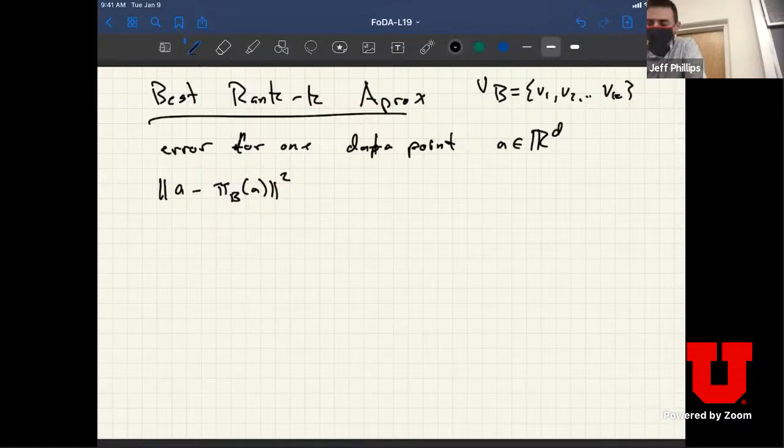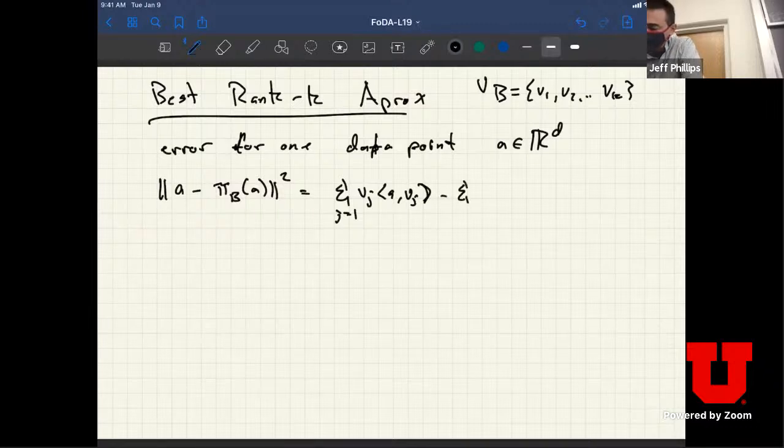So now I can write out A's representation as the sum over J equals 1 of VJ dot A times VJ, right?